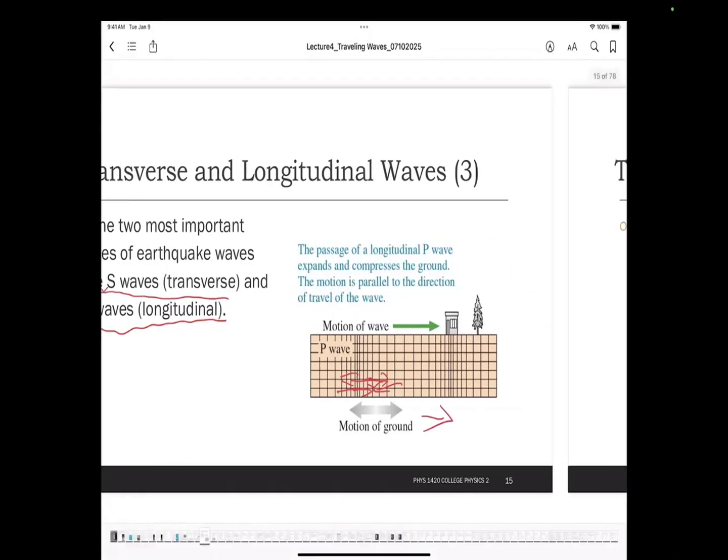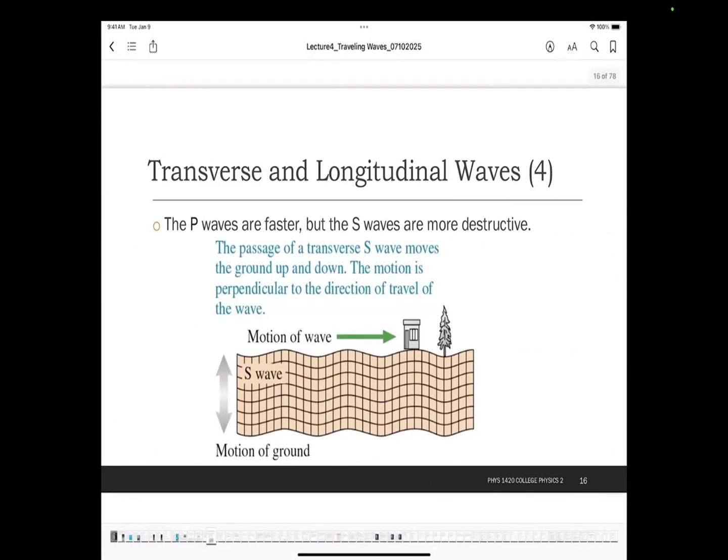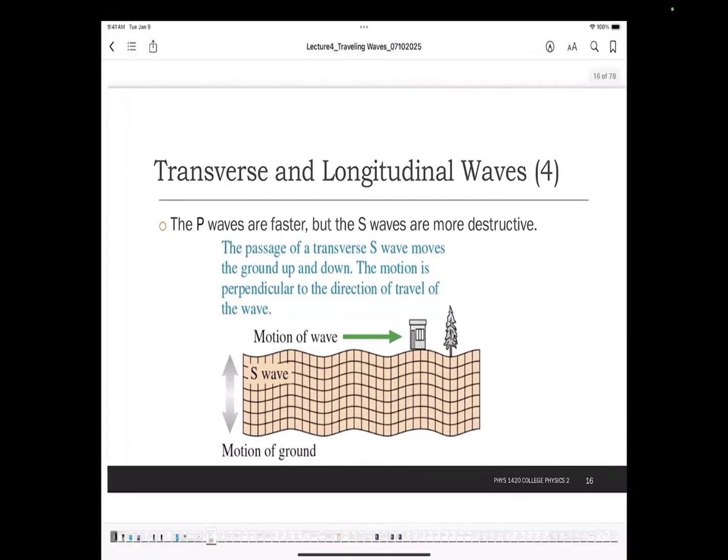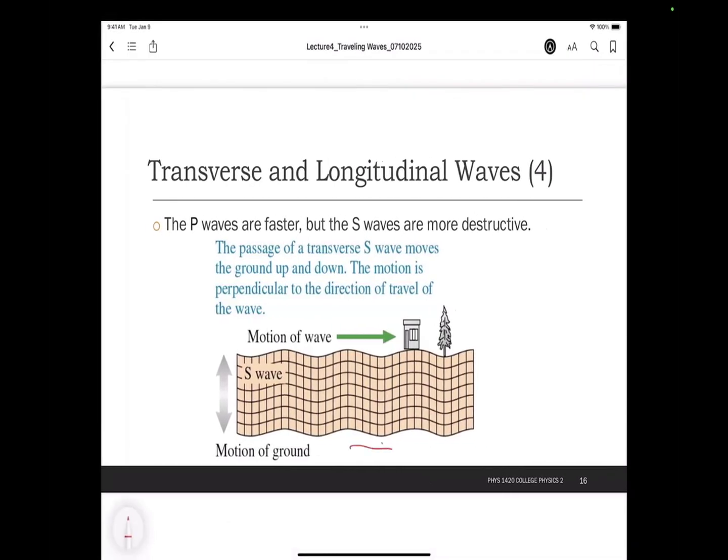And the other one is the S wave, a transverse wave. You can see the wave travels in this direction, but the particles just move up and down, which makes the ground move up and down, but the wave travels in the direction like this.